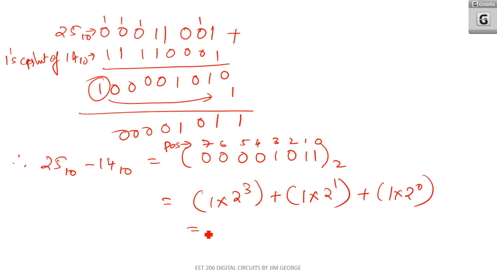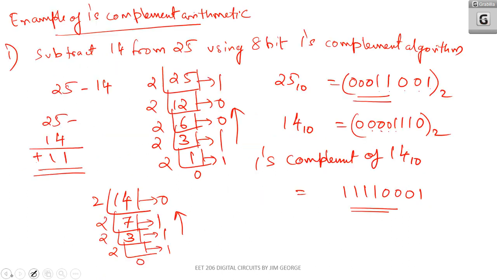What is it? That is 8 plus 2 plus 1. Answer is 11 to the base 10. Okay. So this is how you are subtracting. And again, since here the MSB is 0, the sign is positive. Okay. Now coming to the second question.